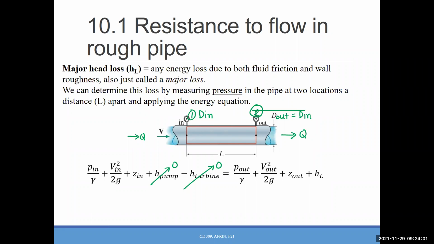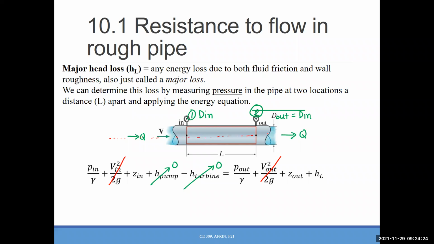So do you think there will be any change in velocity? Same Q, same diameter, everything, so the velocity will be the same. So we can cancel the velocity terms.